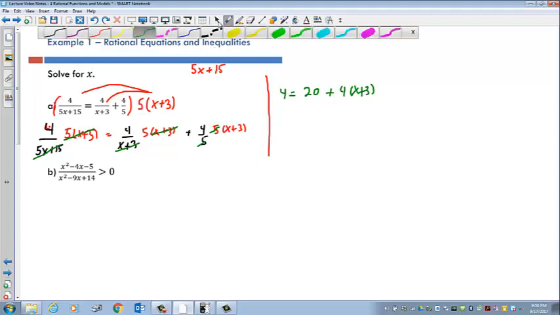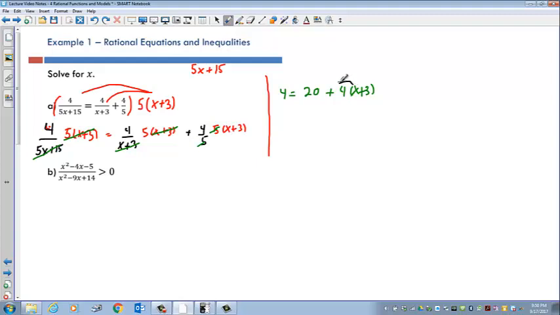Then we'll distribute that 4 through, because we want to solve this for x. We'll take 4 times the x and 4 times the 3, and we'll get 4 equal to 20 plus 4x plus 4 times 3, which is 12.